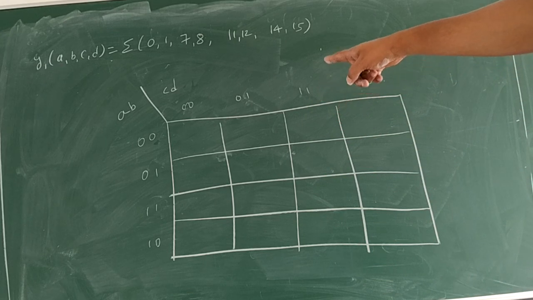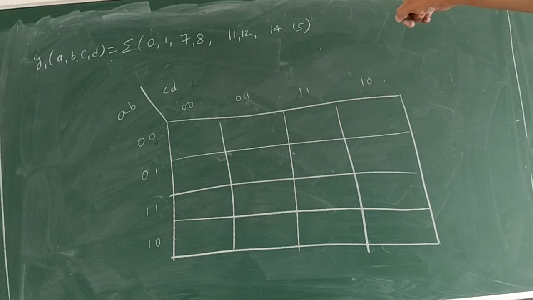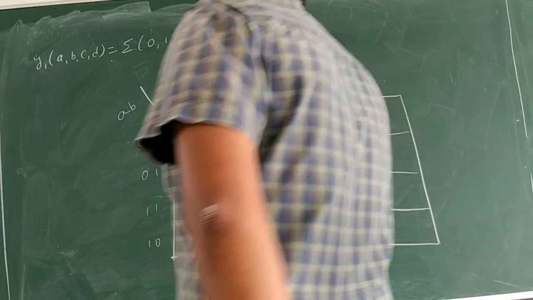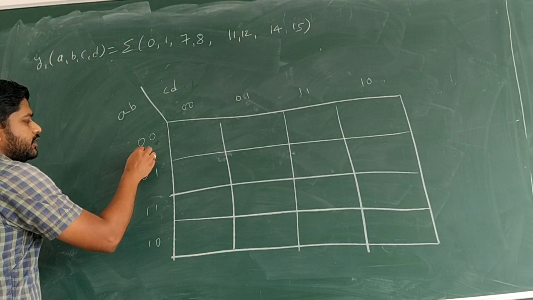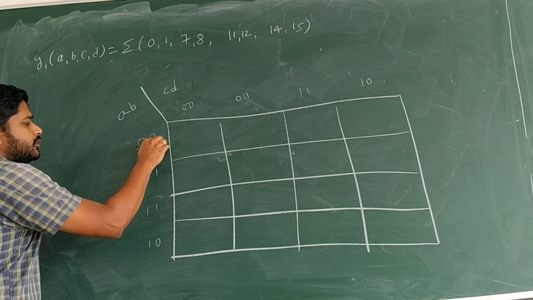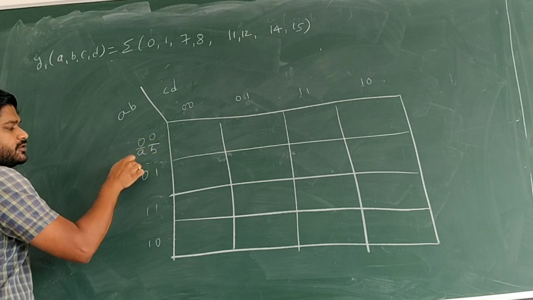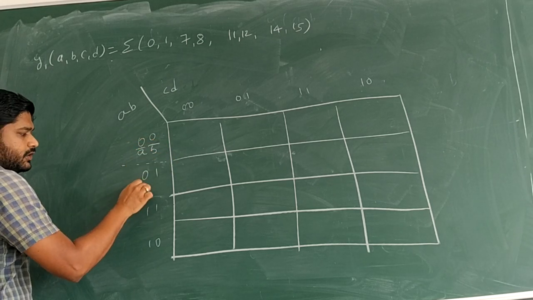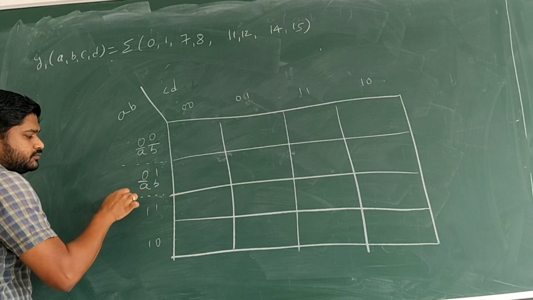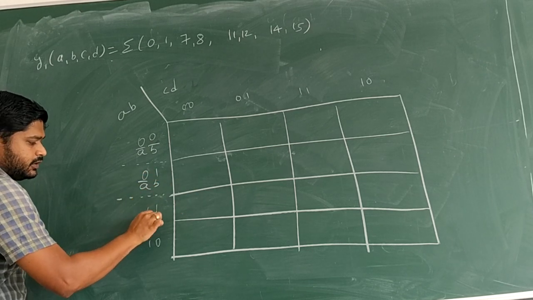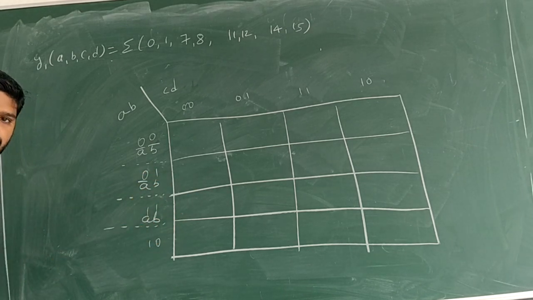I have already explained why we have to take 1 1 first, then 1 0 next. Here you write A complement, B complement, because it is 0 0. A complement B, second row. A B, third row.